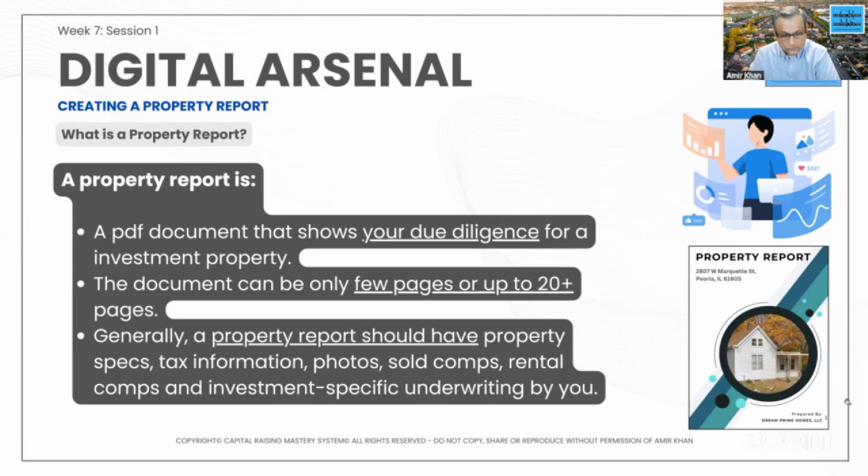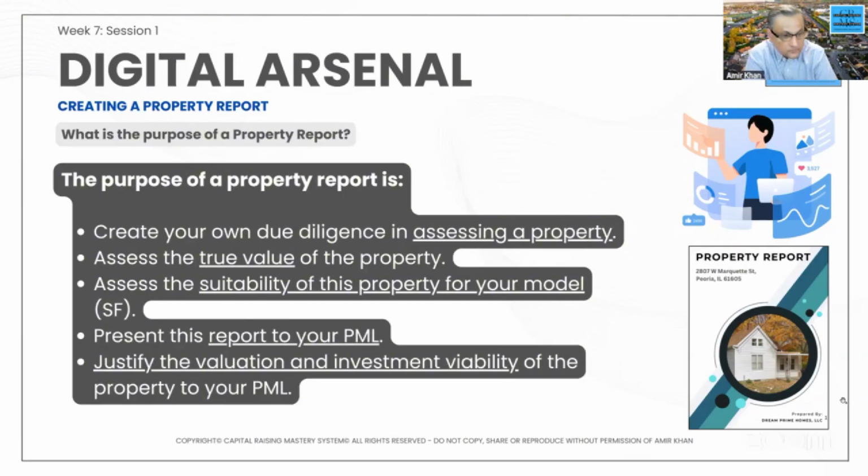And I'm telling you, don't think this is overkill. Like I said many, many times before, the more work you do upfront, the less questions you get from your private money lender. So the purpose of the report is you create your own due diligence in assessing a property. You're also trying to assess the true as-is value of the property, right?